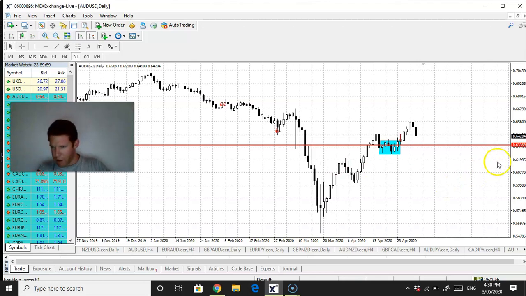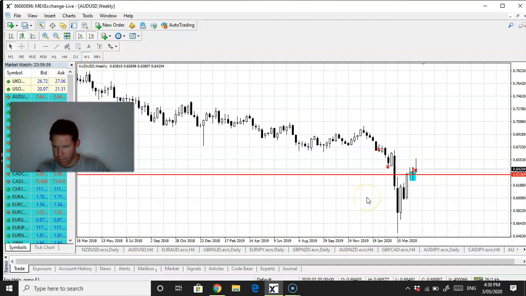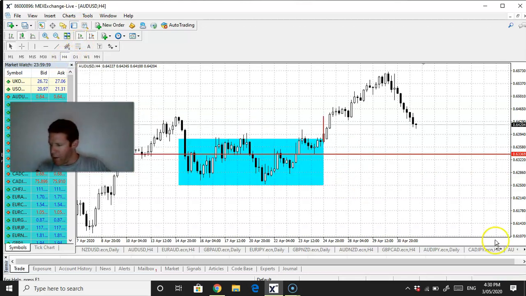We are approaching the 63.36 level, and it's interesting why I've got that in there. I don't know what that reflects. That might have been where I had a stop loss.